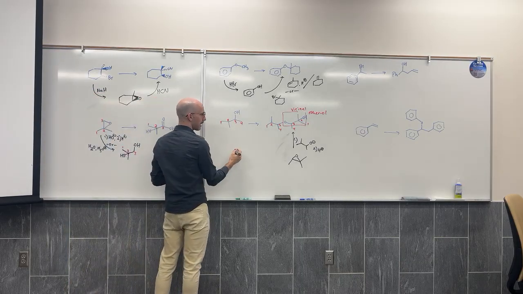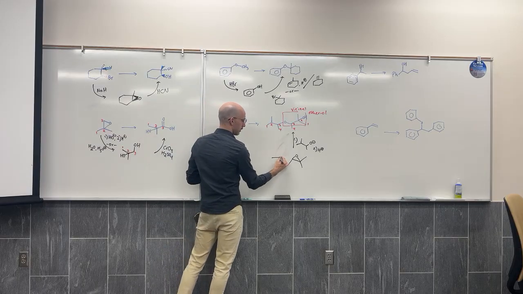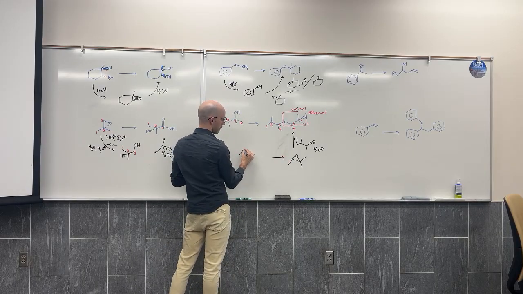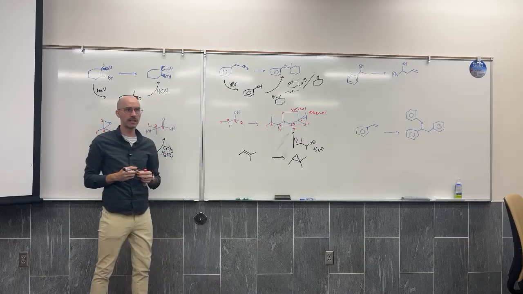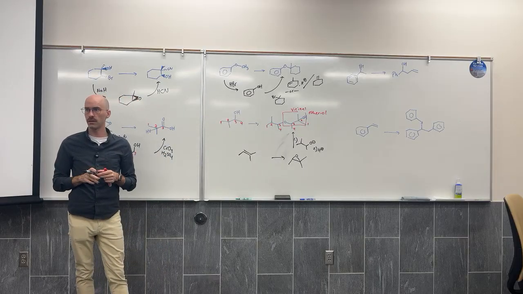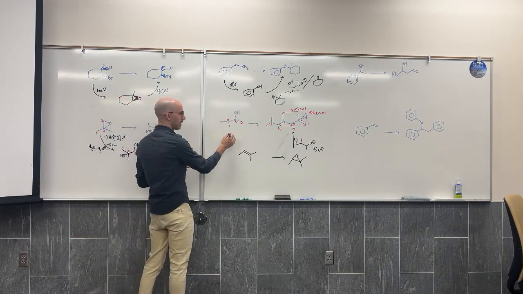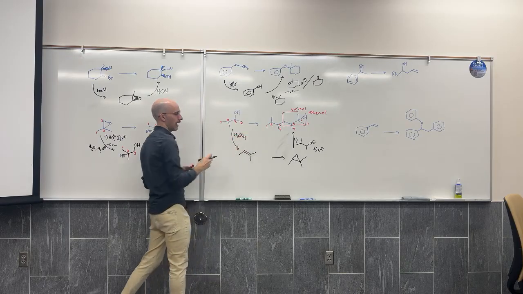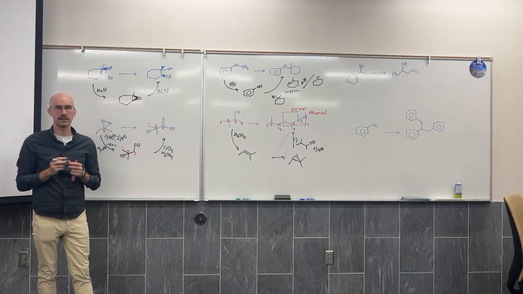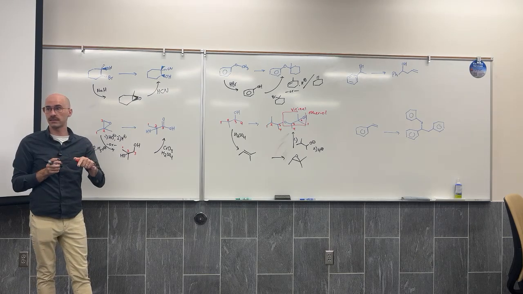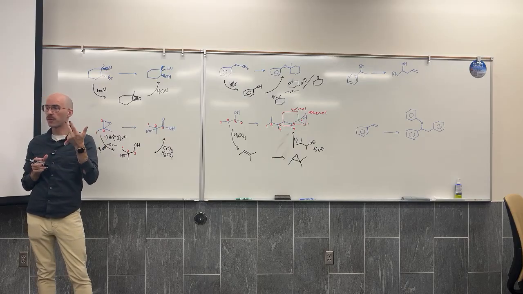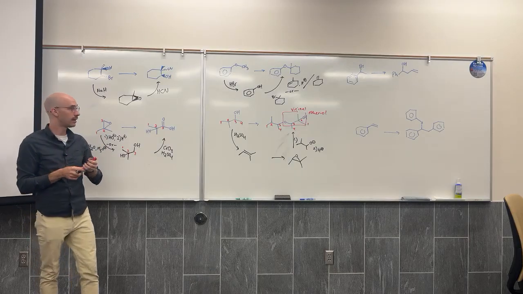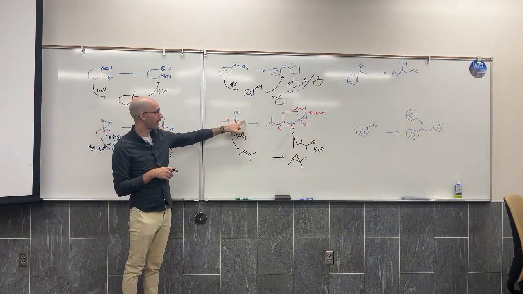So now I need to make an epoxide, and I can make epoxides from alkenes, and I can make an alkene from my alcohol by doing acid catalyzed dehydration. Don't forget, acid catalyzed dehydration is E1, so it forms the most stable alkene. And there are two possible alkenes.